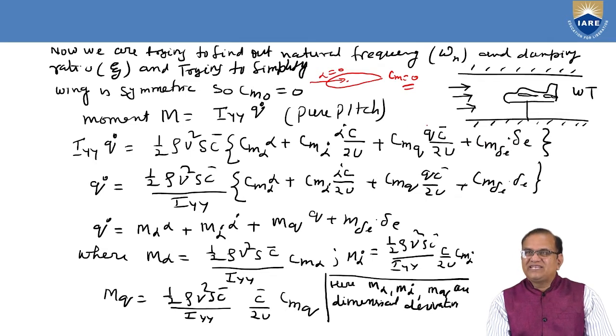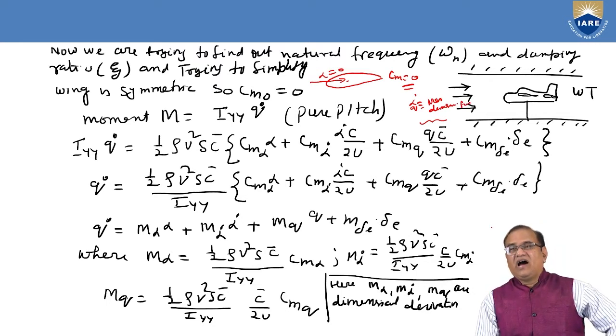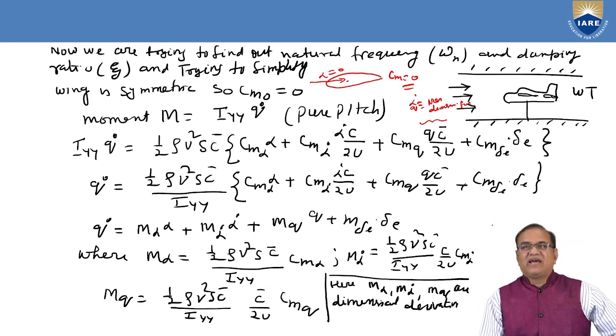You know why we have made this? We want to make alpha dot and q dot non-dimensional. Otherwise alpha dot and q are not in non-dimensional form.